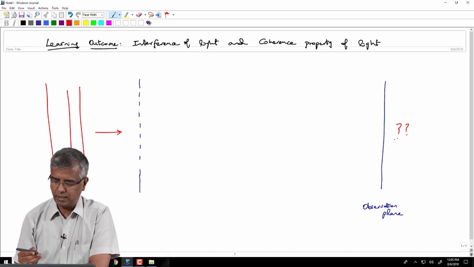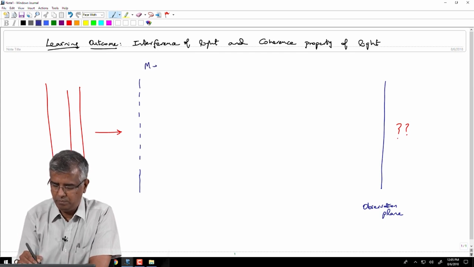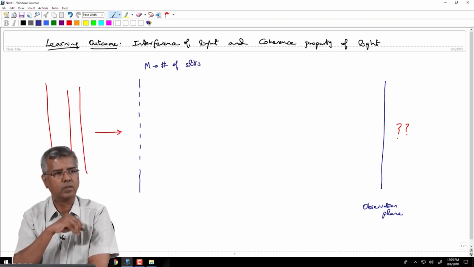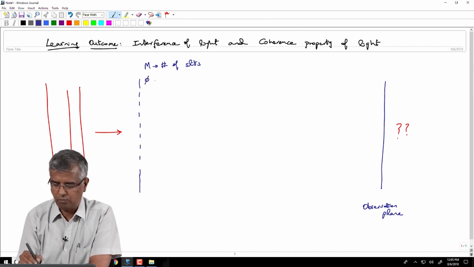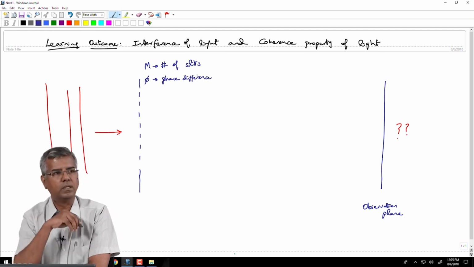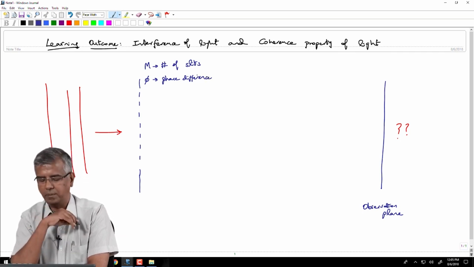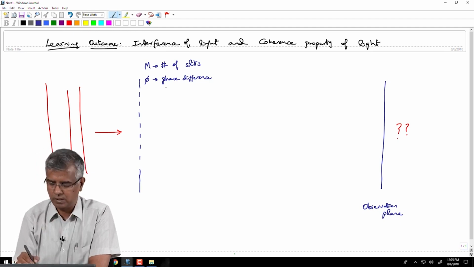To do that, let us say we are considering M as the number of slits, okay, and let us consider that phi is the phase difference, right, at the observation plane from successive slits.